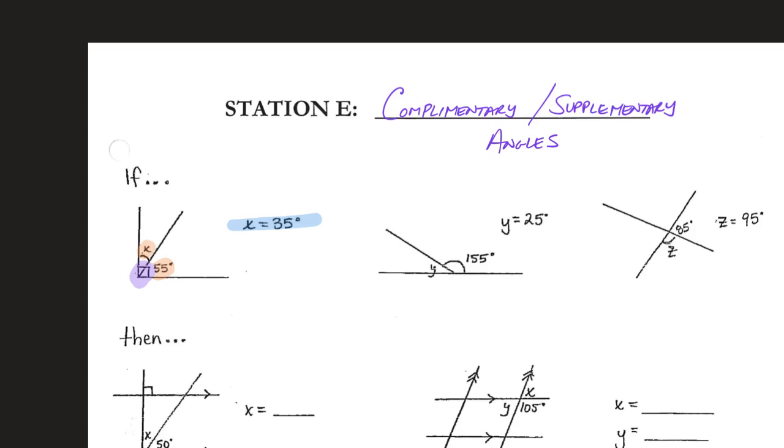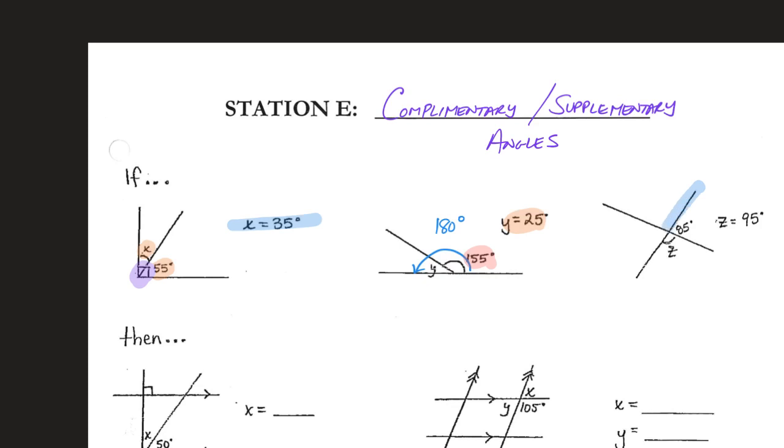Maybe we saw that in the second diagram, all the way around is 180 degrees on a straight line. And so if one of those angles was 55, then the other one must be 125. And you can really see that property when you take a look at the third diagram.